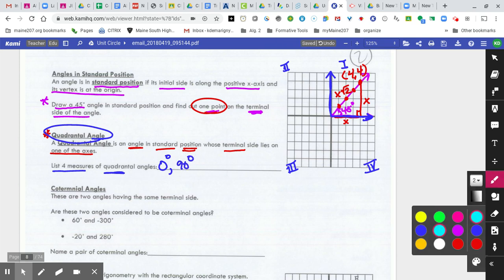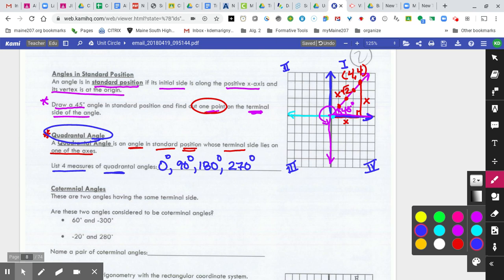If I go from here to here, then that looks like I have a 180-degree angle. And then let's say I go from here to here, all the way around to here, that's going to give me 270 degrees.